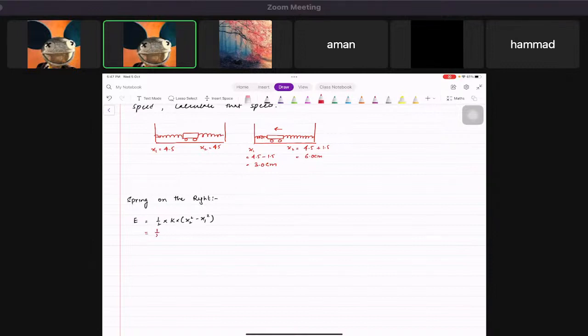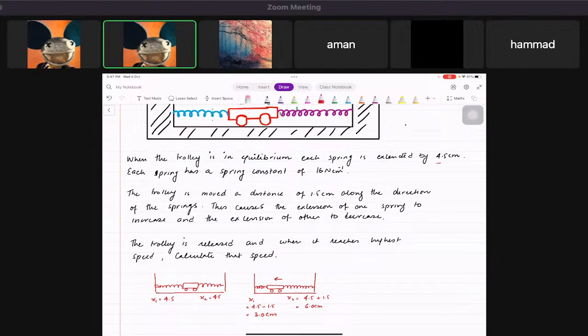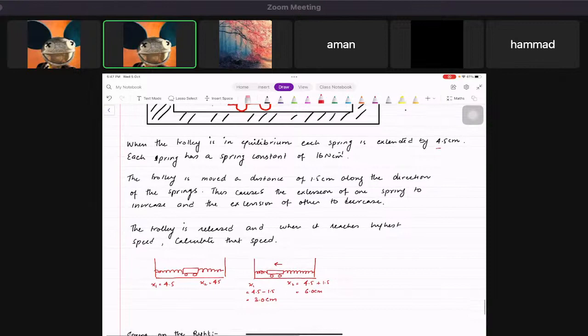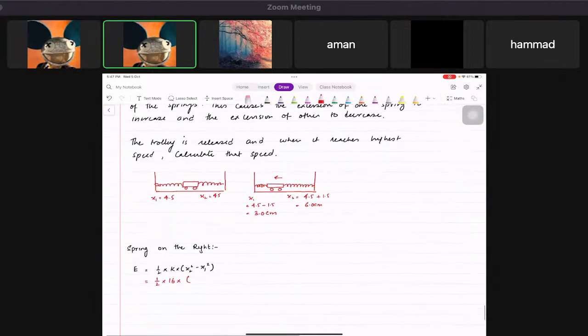So half times the spring constant is 16, and because the spring constant was 16 Newton per, oh, okay, I think we should change this to meters actually. Okay, I'll change it to meters.